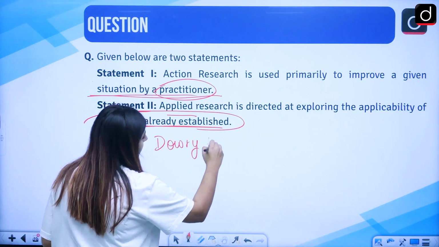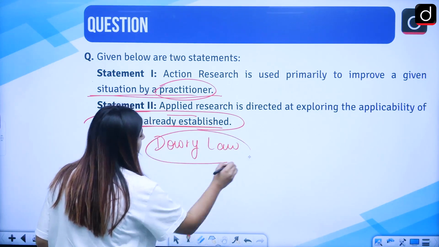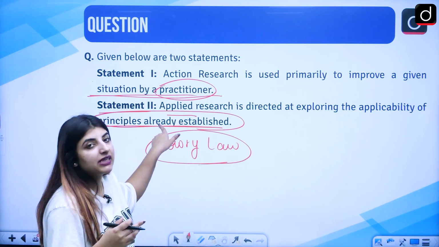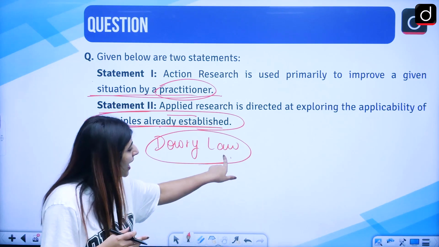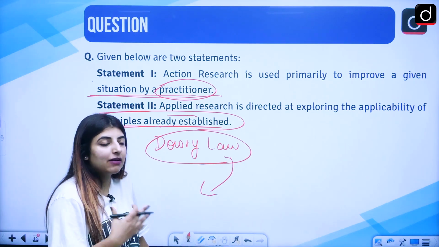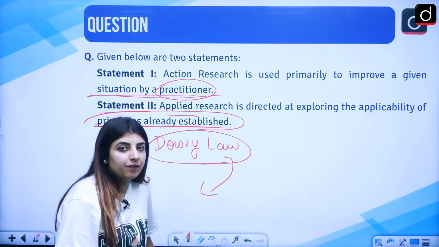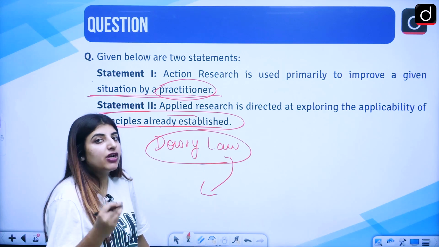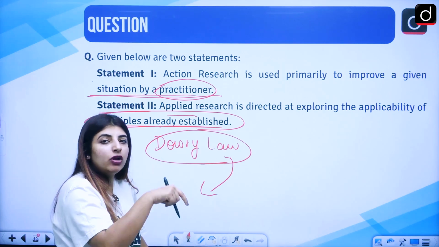So now there is a dowry law, of course, against the dowry system. So these principles have already been established. Now I can use the dowry law if I see someone asking some girl for dowry. So these principles which are already established, I can apply on a particular setting.